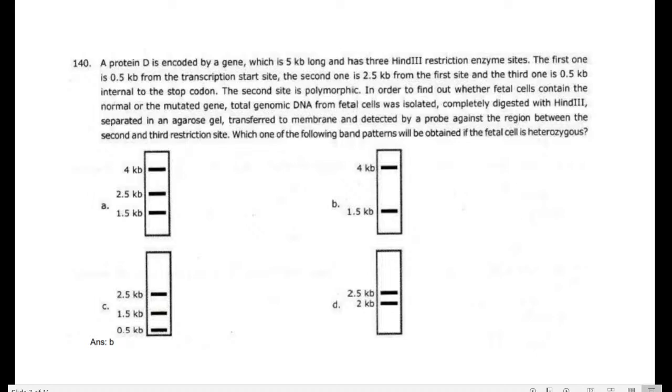One side has 2 kb, the other side has 3 kb. So this is the concept here. After the digestion, the probe is not able to recognize the 0.5 sequence. So in this region, in the 2, it cannot recognize 0.5 kb, so 1.5 kb is present here.